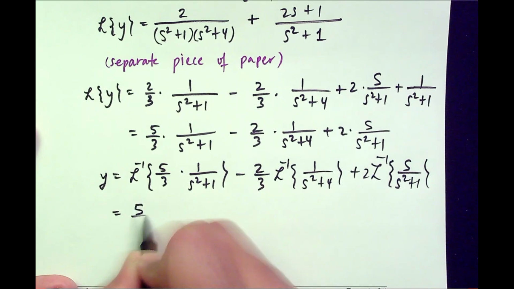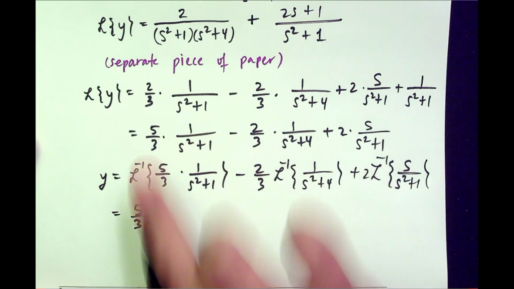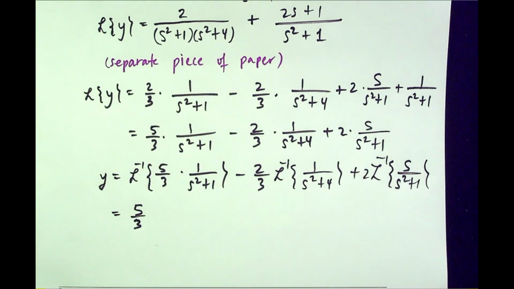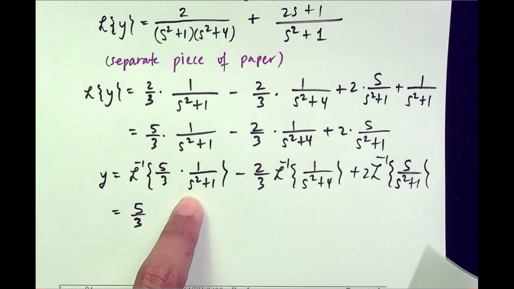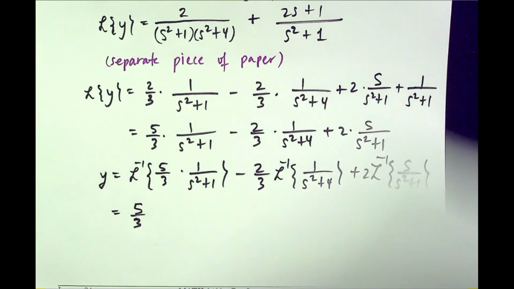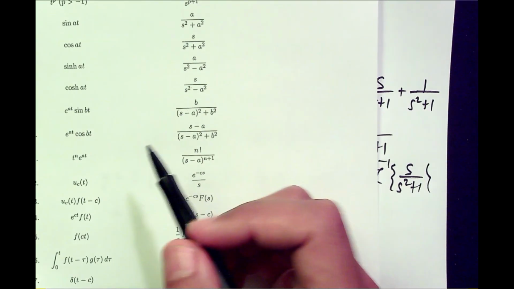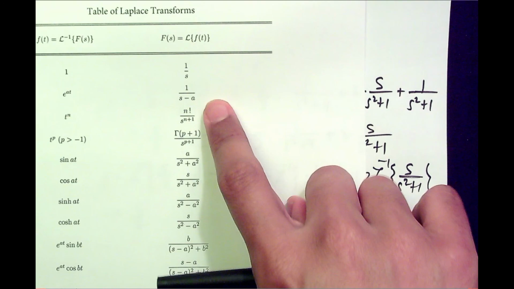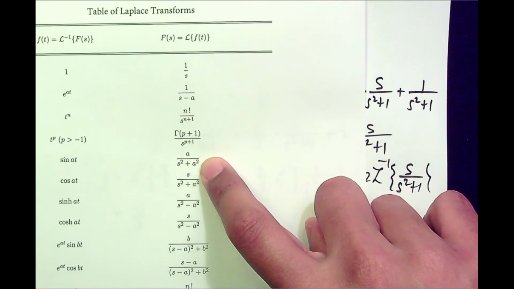Okay, pulling out the constant, this is 5/3, and now the constant is out, we can ignore it. And we'll just worry about inverting 1 over s squared plus 1. That we look up on the table. We're looking for something of the form 1 over s squared plus 1, and it is this one right here with a equals 1.